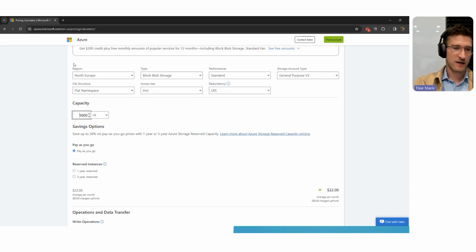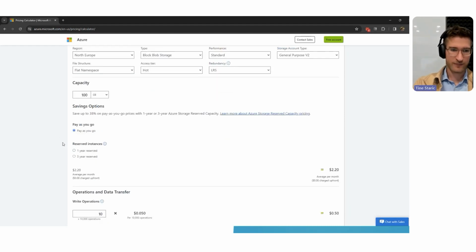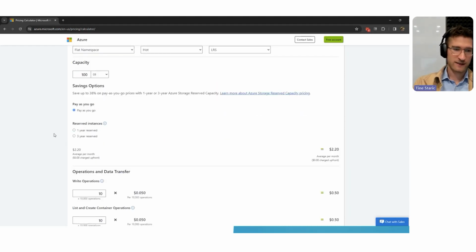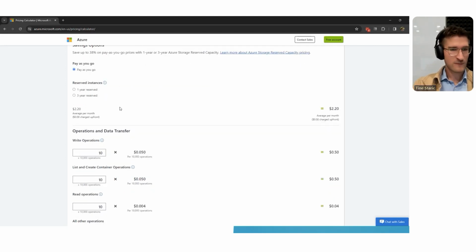And I'm going to round it up to 100 gigabytes. 100 gigabytes is not something that the customer is gonna pay from day one. This is how much they are going to pay 3 years from now once they do hit the 100 gigabytes. Because as we talked, this is pay as you go. You only pay for the capacity that you're actually using. Reserved instances, keep blank. We don't need that. This is not applicable to us.